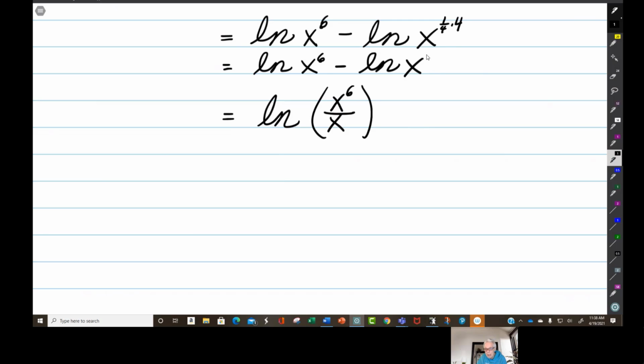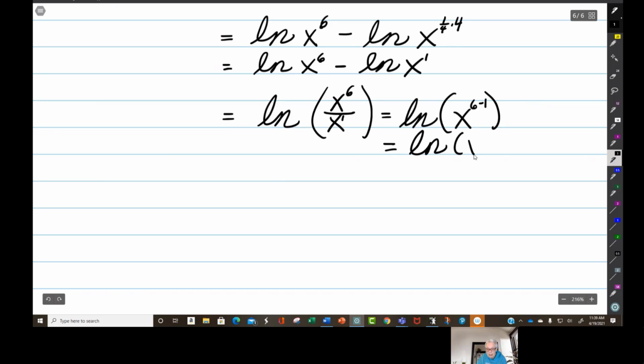This is x to the 1 now. So you're going to have the ln of x to the 6 minus 1. That's the quotient rule of exponents, which will give you the ln of x to the 5th.